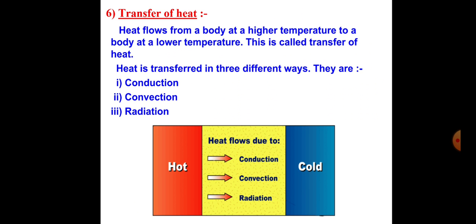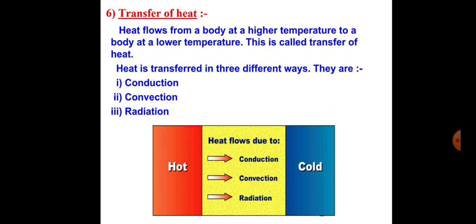Okay. Now another topic is transfer of heat. You know that heat travels from one part to another part in a body, that is called transfer of heat. This transfer of heat takes place from the high temperature to the low temperature part of the body.